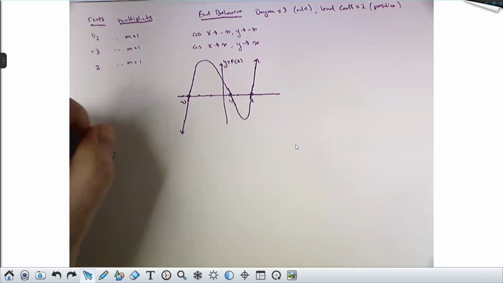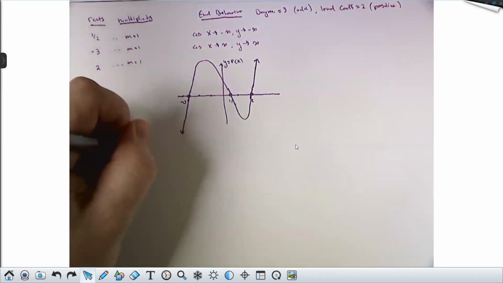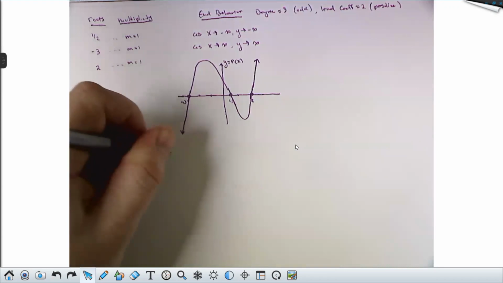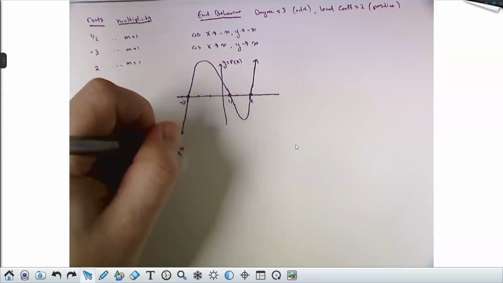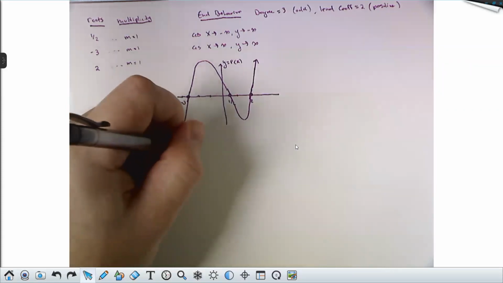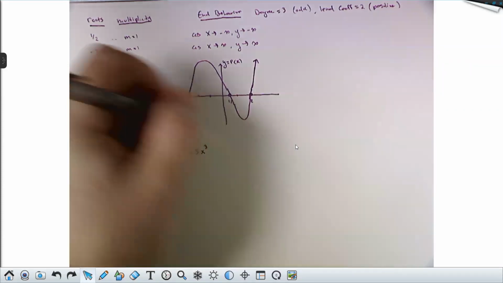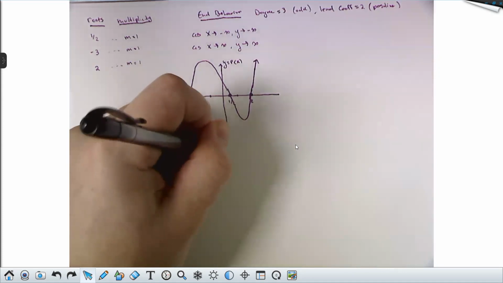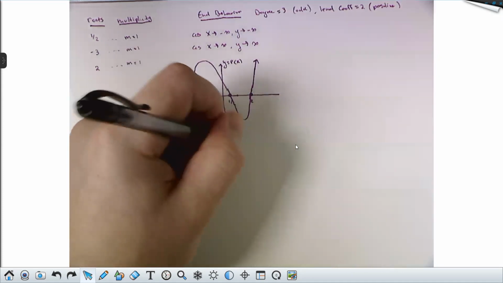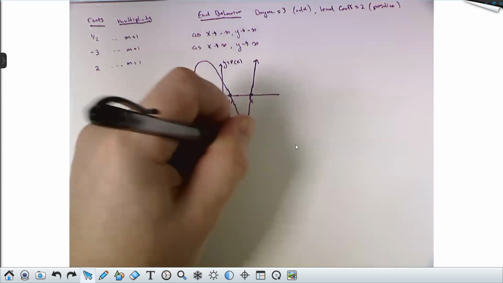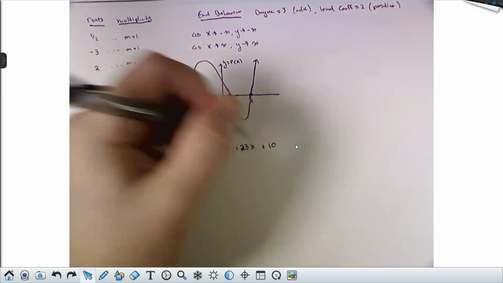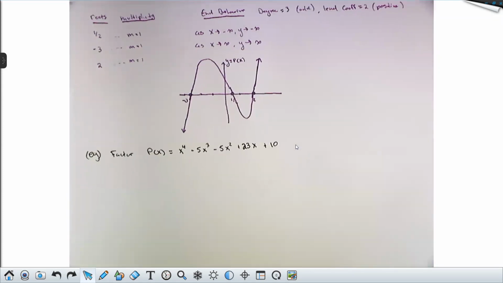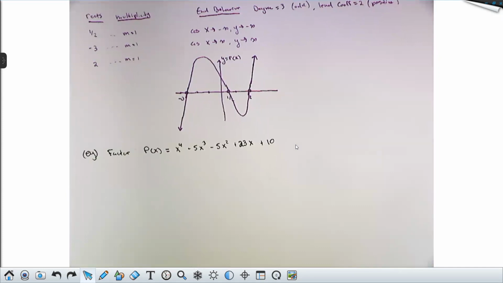So P of x, my polynomial here, is going to be x to the 4 minus 5x cubed minus 5x squared plus 23x plus 10. And we could graph this also, but I want to get 2 more problems. So we're just going to try to factor this.